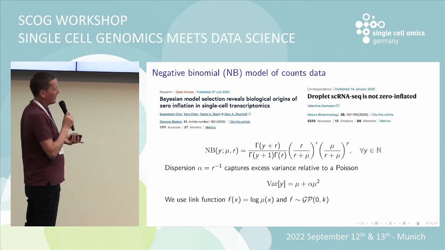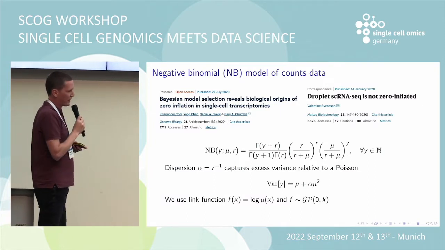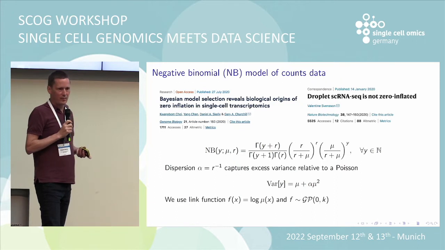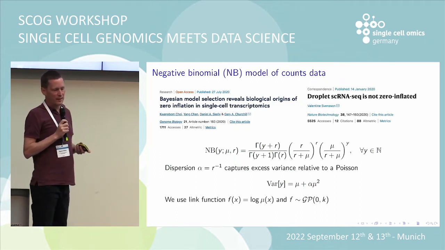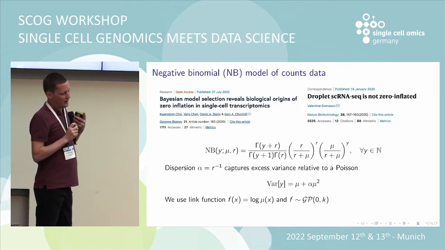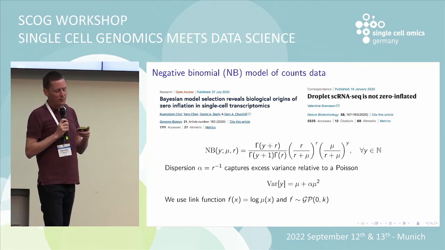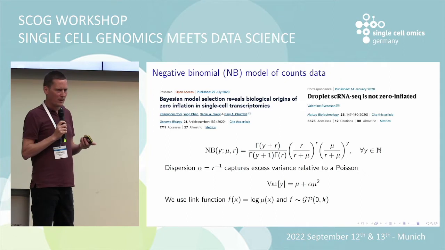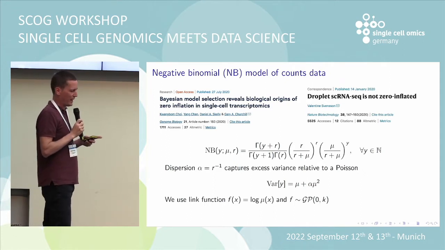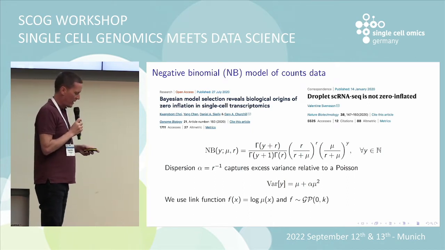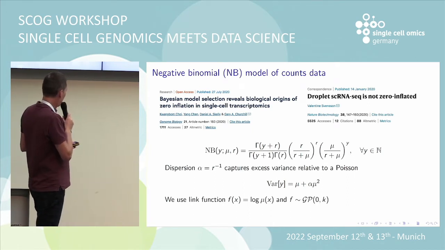And there's been a bunch of papers that basically say that it's reasonable to use negative binomial on single-cell RNA-seq data, even if there is sort of zero inflation beyond negative binomial. It's quite hard to infer that extra inflation anyway. So the way we do that in a Gaussian process is that we use a link function.